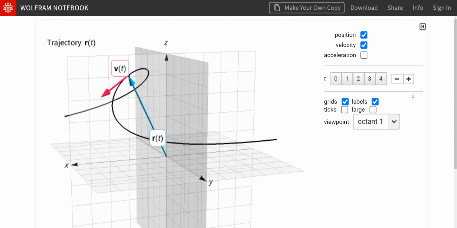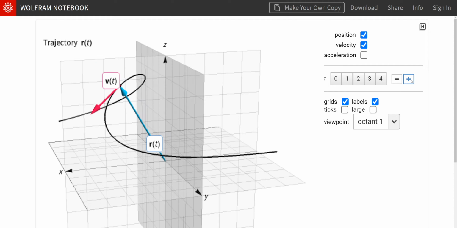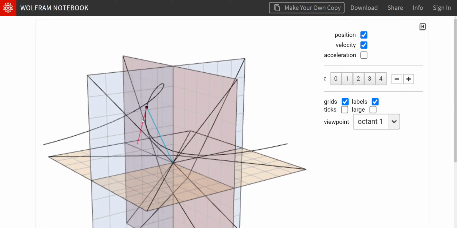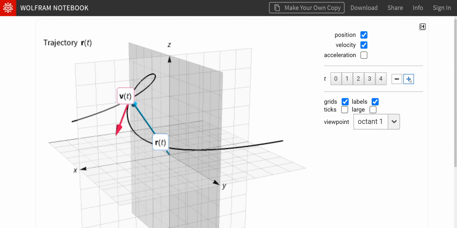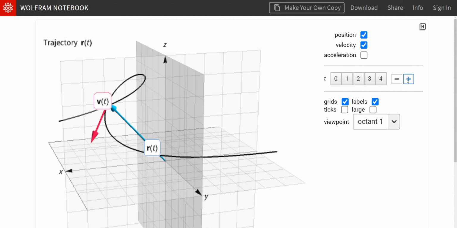In order to visualize that, I'm going to keep increasing t here, and instead of focusing on how r of t, the position, is changing, focus on how the velocity is changing. Notice the velocity was starting off going this way. It's now moving to the positive y direction and positive x direction a bit more, and also in the negative z direction.